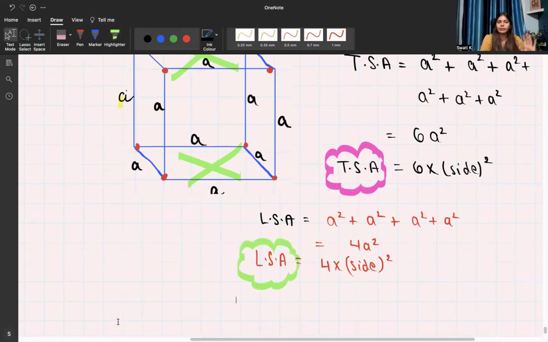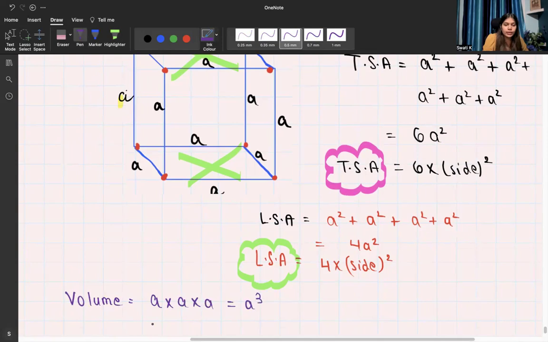Now, same way, if I talk about the volume, if you remember, we had done it already. The volume of a cuboid was length into breadth into height. Similarly here, just substitute the L, B, and H with the side. So that is going to be A into A into A, which is also written as A cube. So the volume of a cube is nothing but side cube.